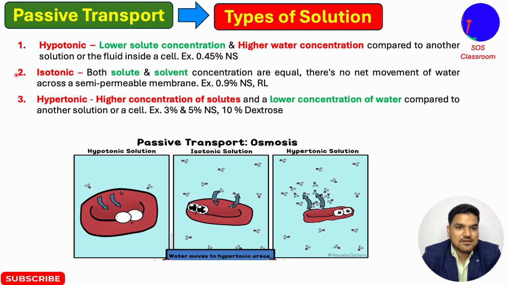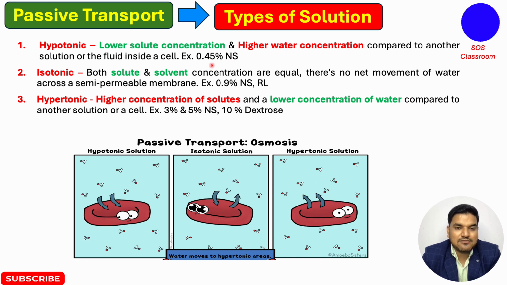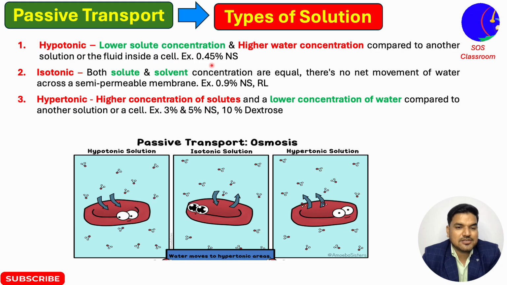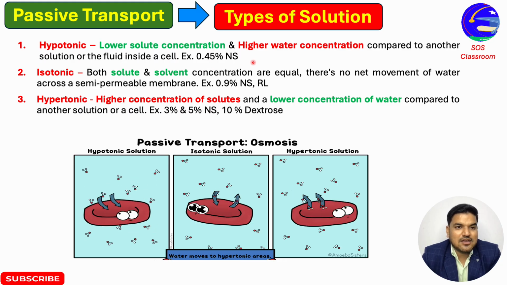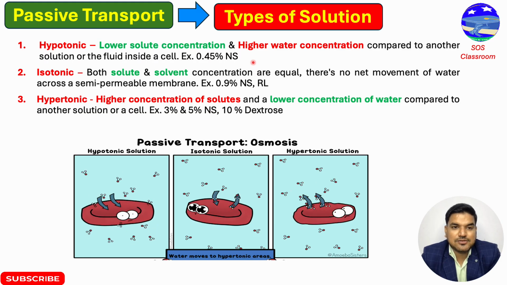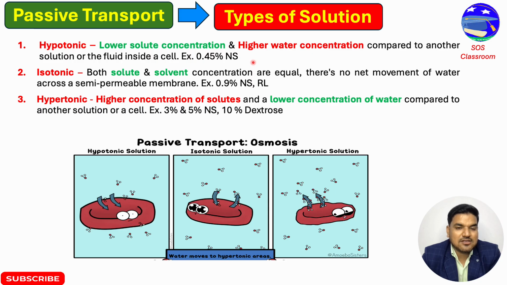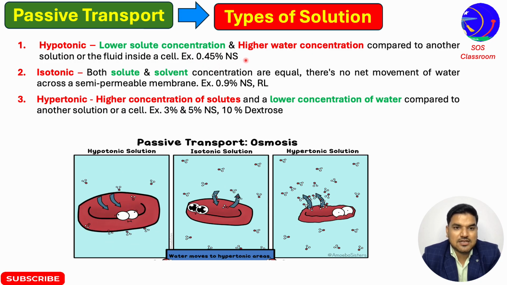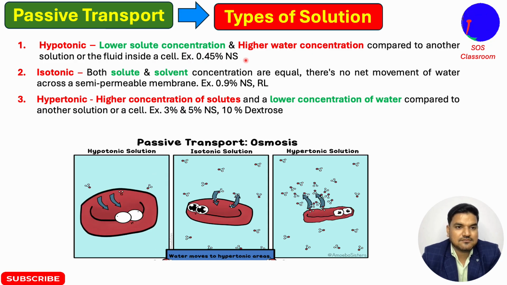cell. For example, the solution called 0.45 normal saline. Normal saline is generally present in the hospital, and 0.45 normal saline is called hypotonic. 0.9% normal saline, also present in clinical settings, is called isotonic. 0.45% normal saline is also called half normal saline.